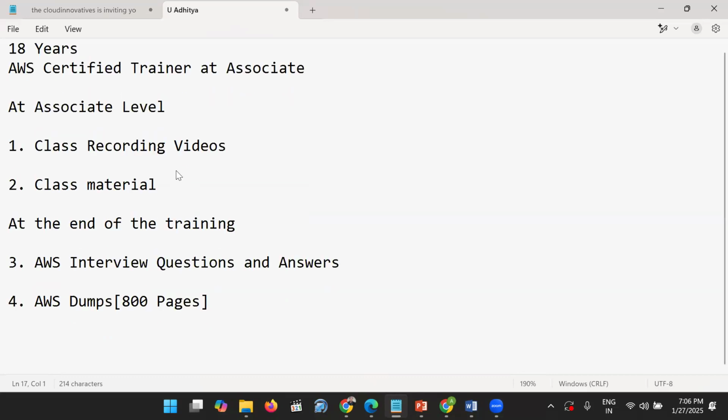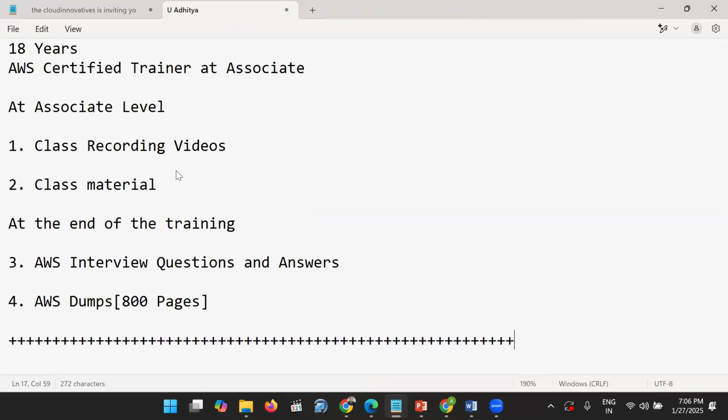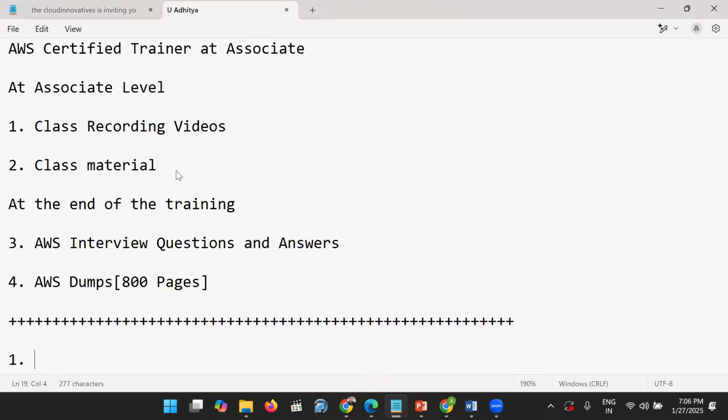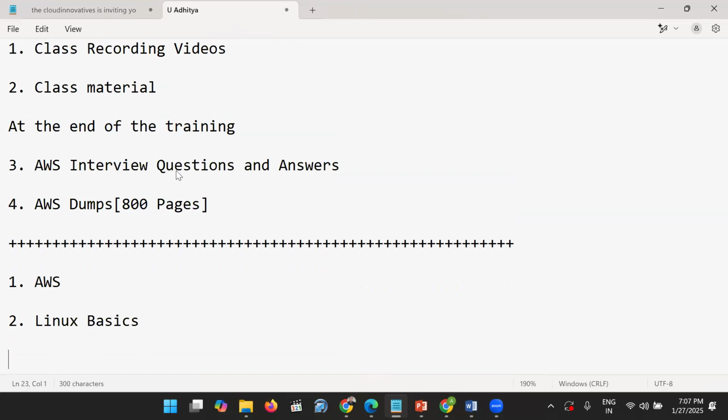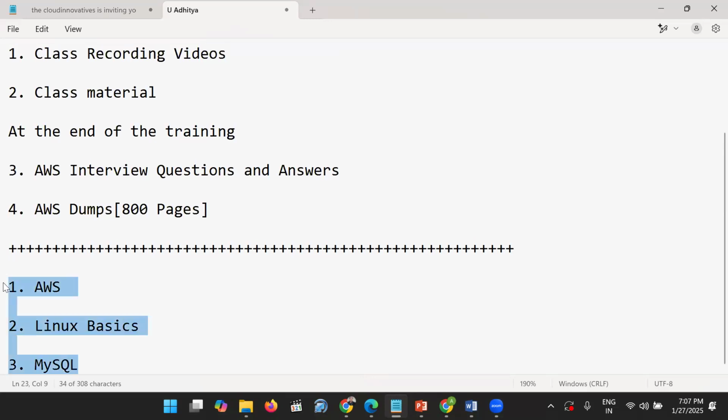In my training program, I can cover these concepts. One is completely the AWS associate level training. Second, I can provide the Linux basics that are required. And then I can cover MySQL.